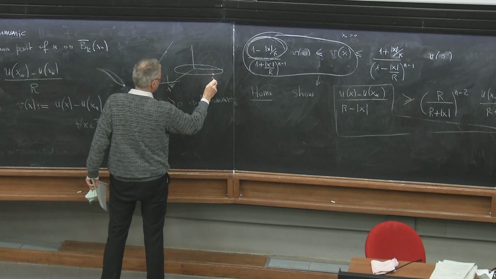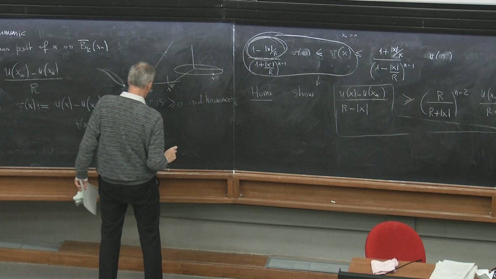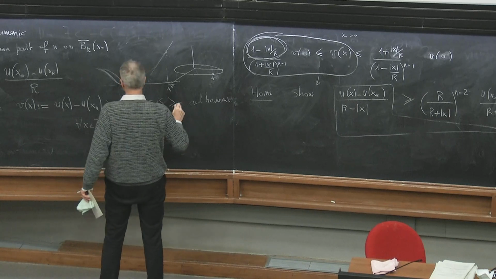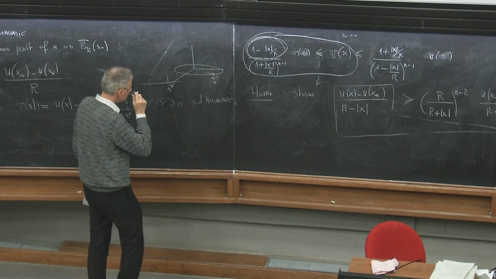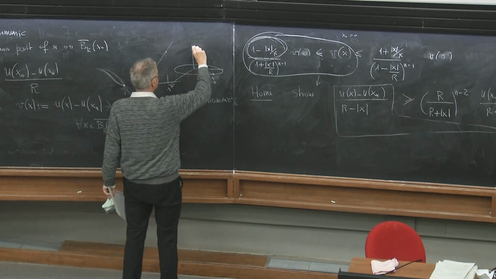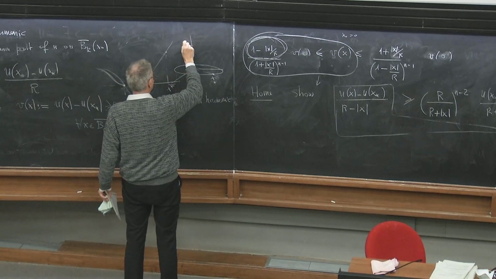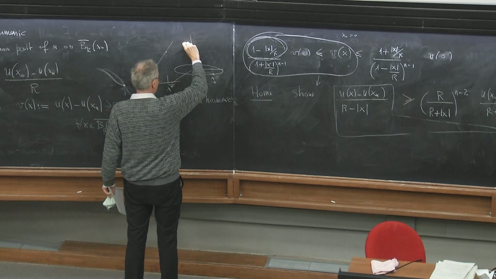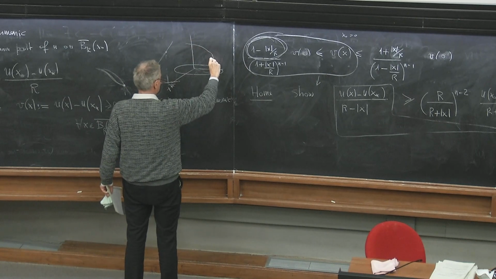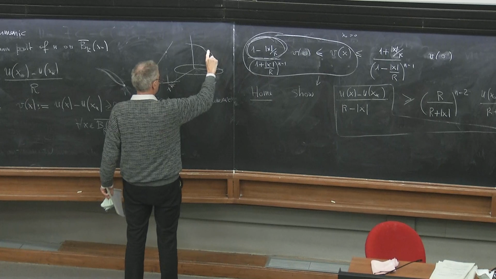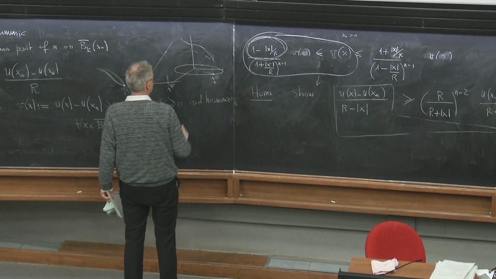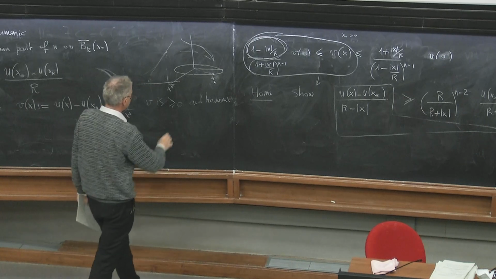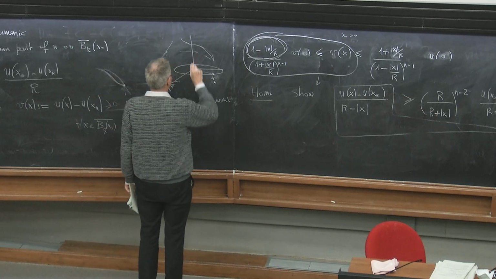Here you have x star, which is a minimum value for our u. This is the graph of u.